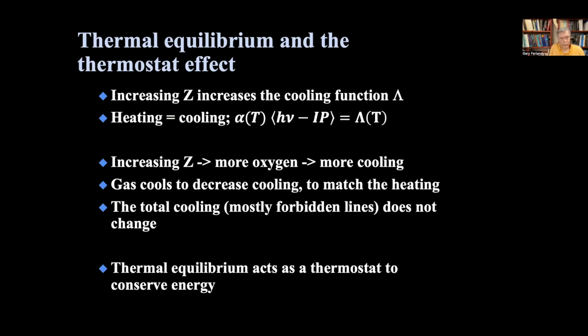The total cooling is set by the mean photon energy times the recombination coefficient, because that's the total heating. So the total cooling doesn't change, but it's mostly forbidden lines, but which forbidden lines shifts around. So at very high metallicity, the cooling is shifted into the infrared, and the fine structure lines are doing all the cooling. So thermal equilibrium acts as a thermostat to conserve energy.